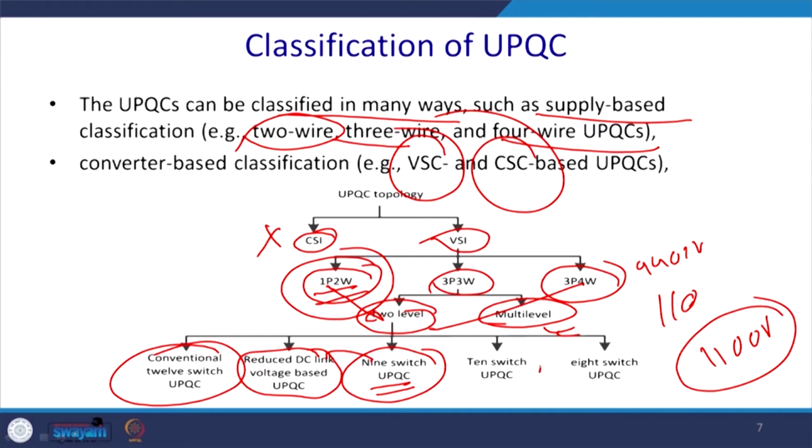We can also have a 10 switch UPQC, where the compromise is that you get 1 switch more, but what about the reliability and other issues. And in the same way we have an 8 switch UPQC. So, these are a few topologies that can be used for the UPQC, and many researchers are working on the optimization of the UPQC switches.